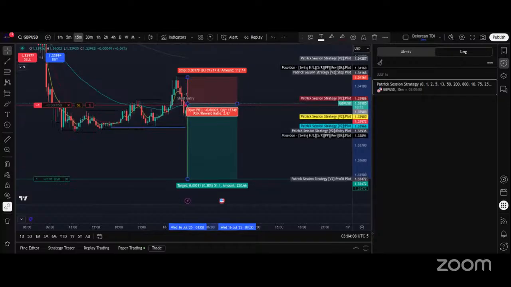It's going to be a sell. This is Great British Pound to US dollar. 15-minute confirmation, market execution sell. Risk to reward ratio of 2.87. Take profit is 1.33472.